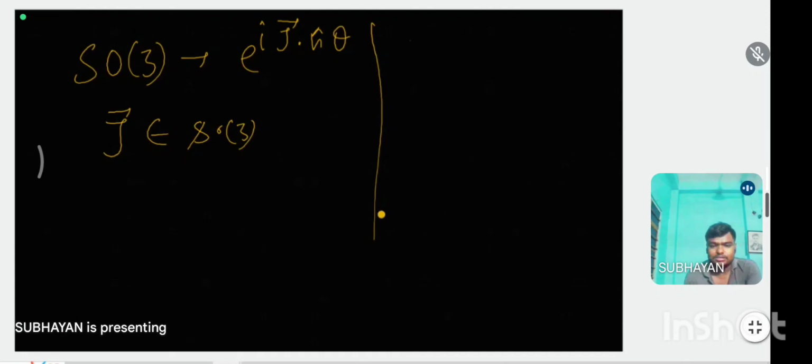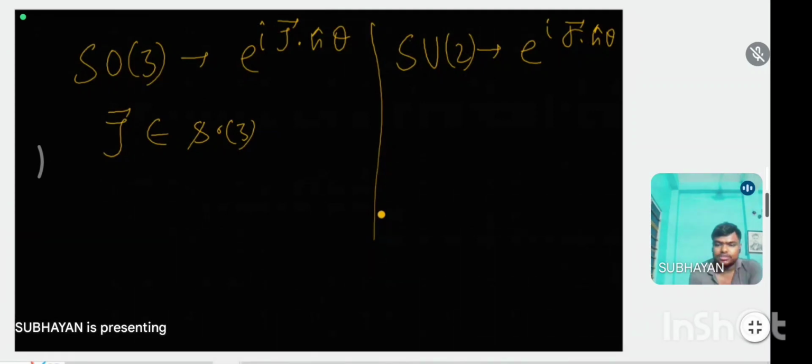Similarly, in SU(2), the elements can be written e to the power i sigma dot n cap theta, where sigma belongs to sigma x, sigma y, sigma z, in small su(2).